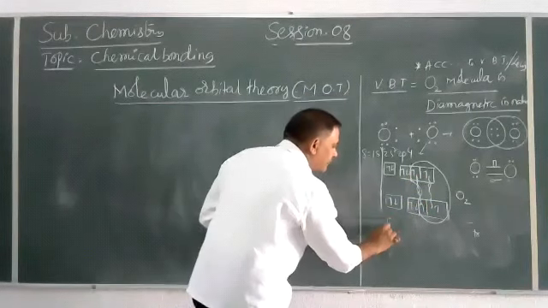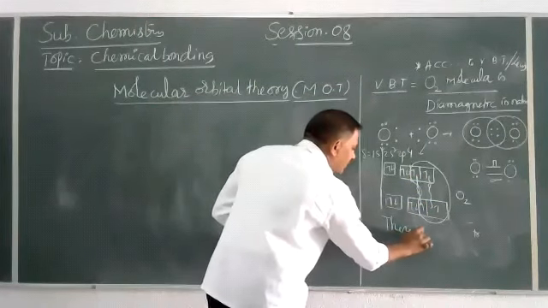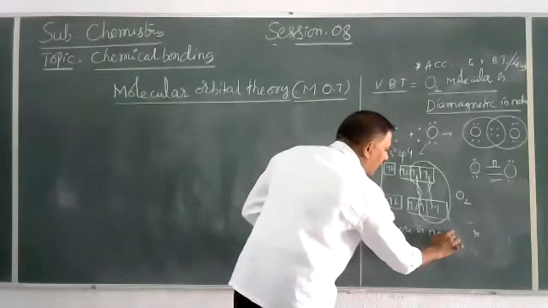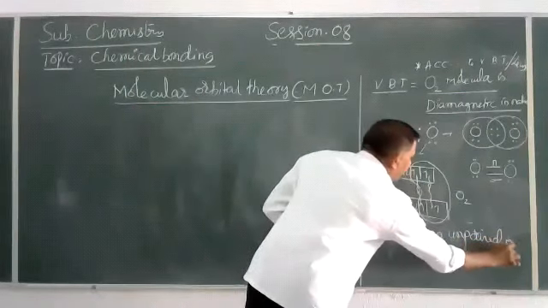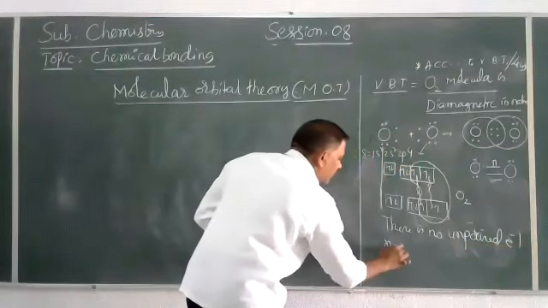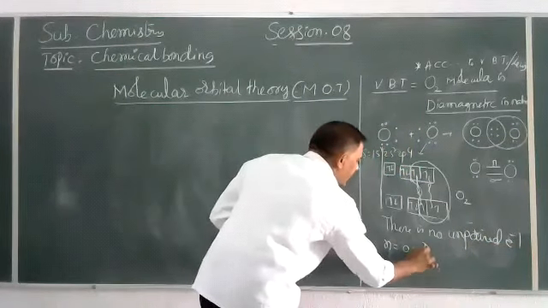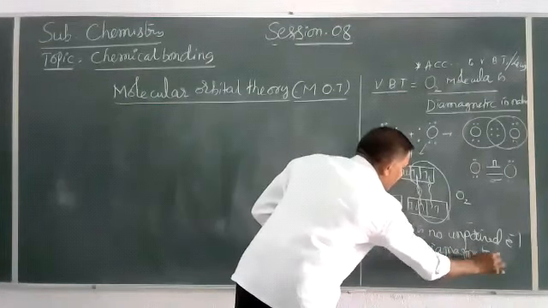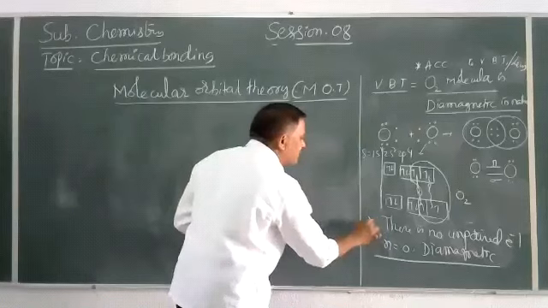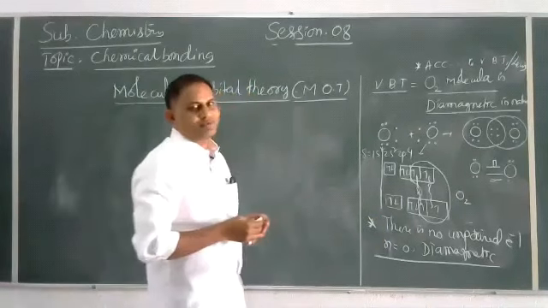There are no unpaired electrons; unpaired electrons equal 0. That's why it is diamagnetic in nature according to the VBT and Lewis concept.